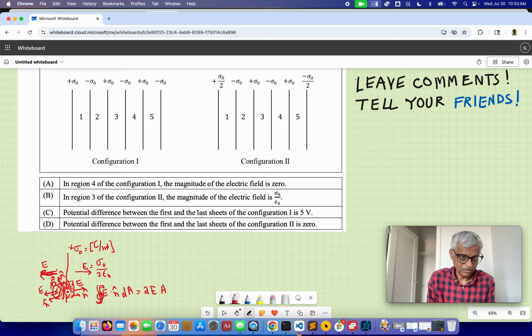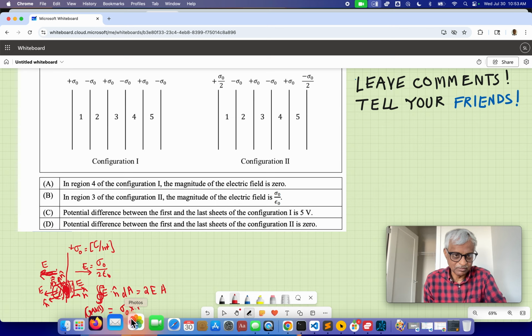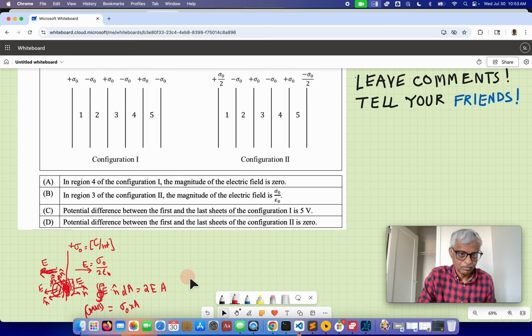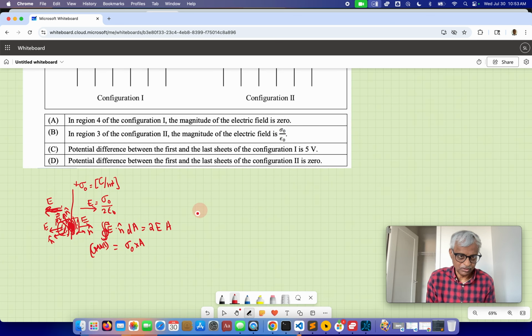Gauss is saying this must equal the charge enclosed, sigma 0 times area, divided by epsilon naught.